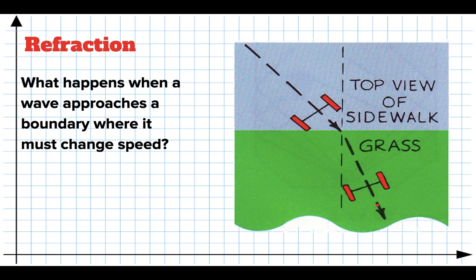Because one side of the wheel slows down before the other, it changes direction when it passes from one medium to another. On a sidewalk, it goes fast, and then on grass, it slows down. So when the speed of the wagon wheel decreases, the direction that it's traveling changes. This is exactly what happens with light.